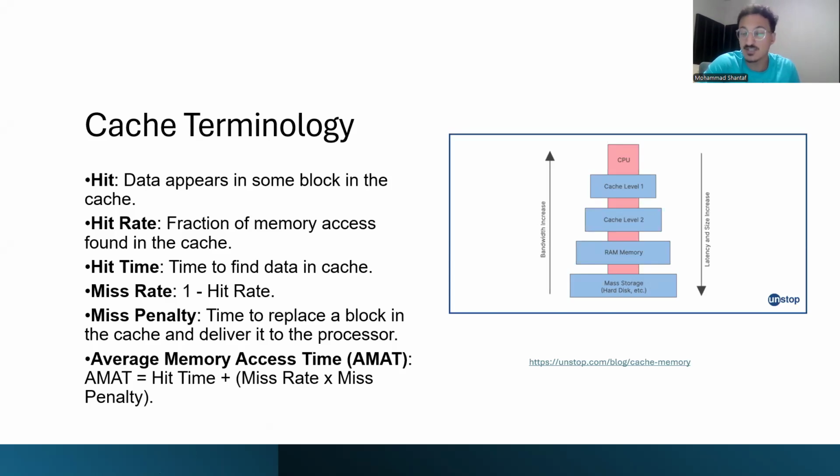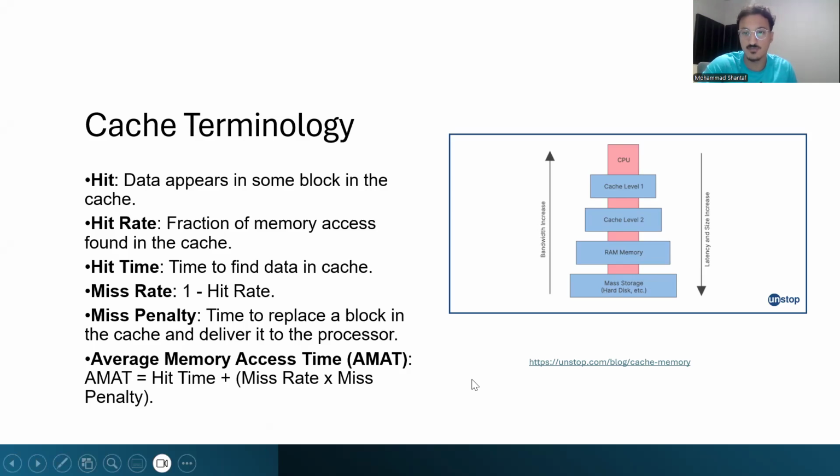A hit time is the time to find data in the cache, and miss rate is one minus the hit rate. A miss penalty is the time to replace a block in the cache and deliver it to the processor. As for the AMAT, the average memory access time, it is the hit time plus the product of the miss rate and the miss penalty.